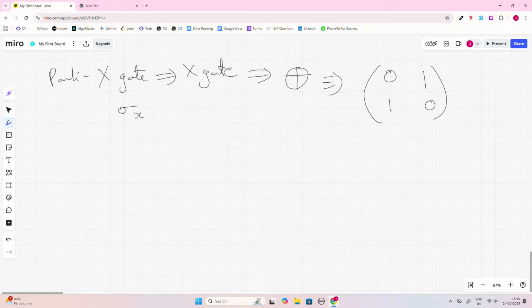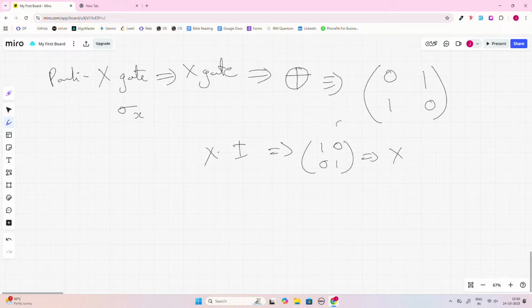Okay, what is the meaning behind it? Very simple. First, what is an identity matrix? How does an identity matrix look? 1 0 0 1. Some X gate times I gives me X only, right?